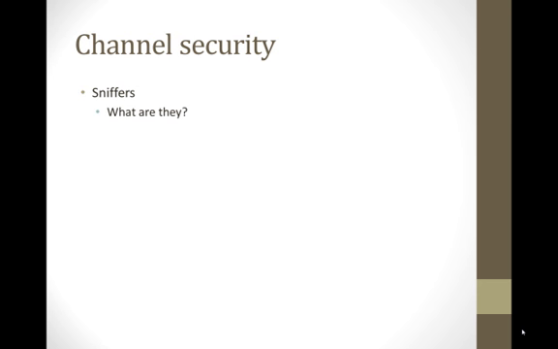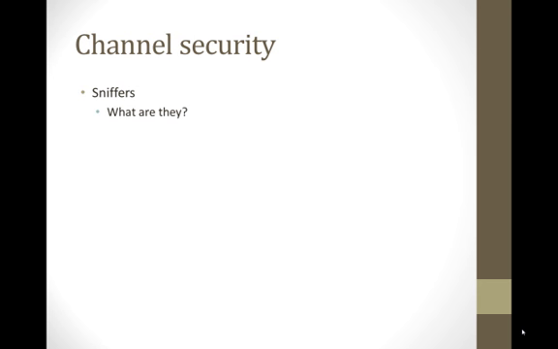Now, these can be installed in many different places, and people won't even necessarily know about it. Hopefully you have some good security software that can find these and delete them. But they could be installed sometimes maliciously, sometimes even by your ISP technically, to see what you're doing. Okay?